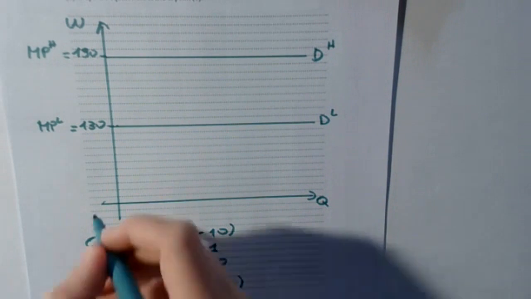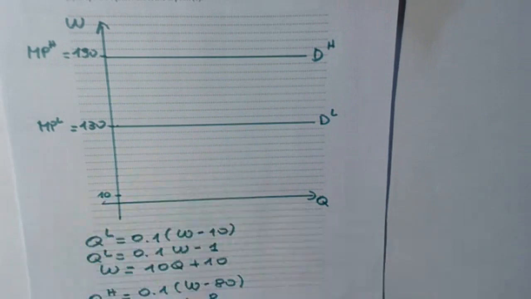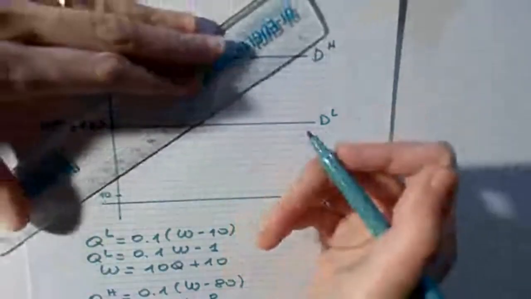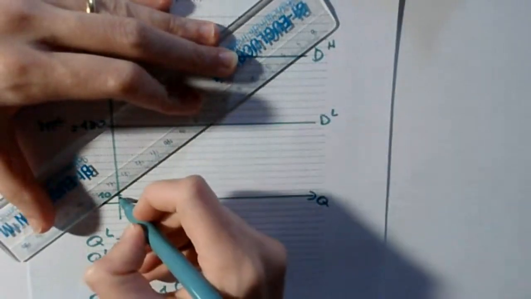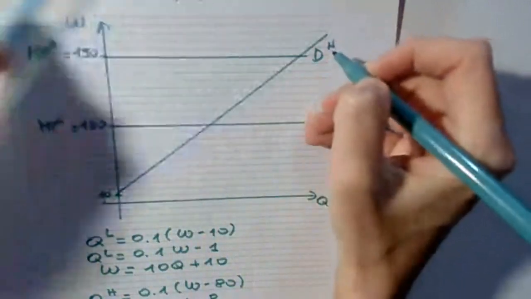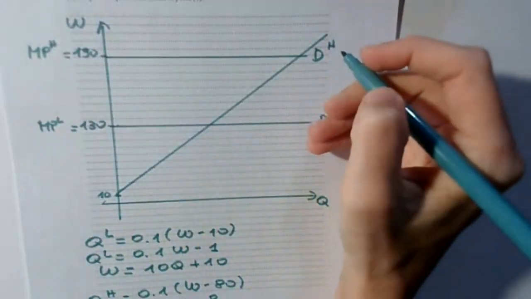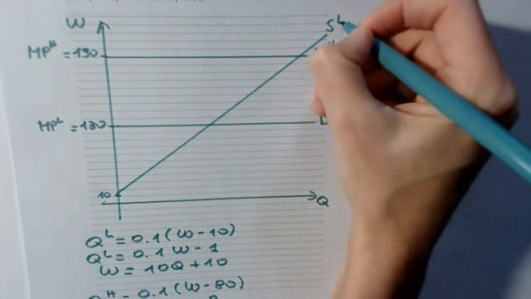Okay, so suppose that number 10 is here. We represent now the first one. Okay, so we might have a function like this. Okay, so this is our SL here.